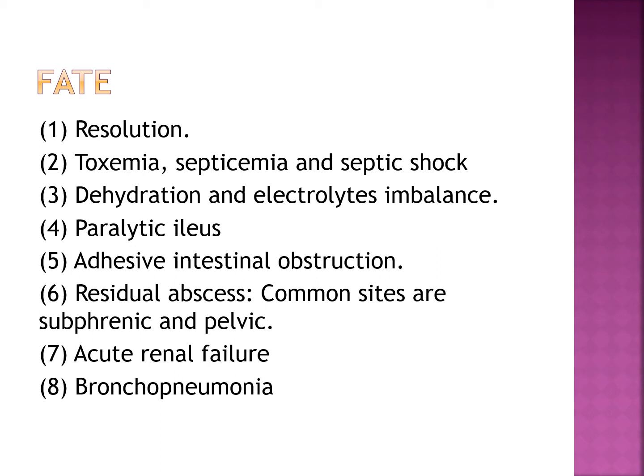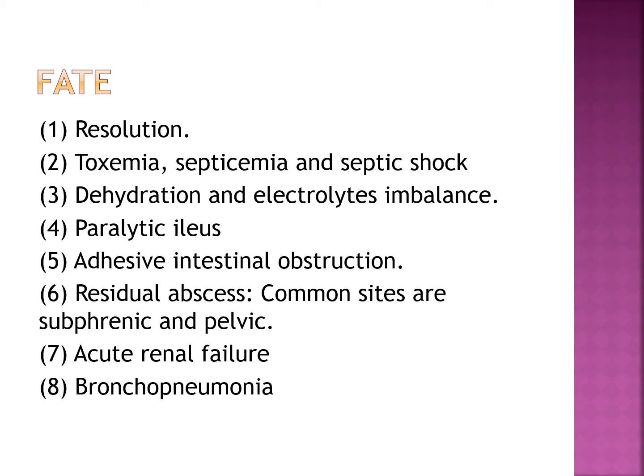But if the virulence is high, if localization fails, and with this wide surface area of the peritoneum, then absorption of toxic substances will lead to toxemia, septicemia, and eventually septic shock supervenes.